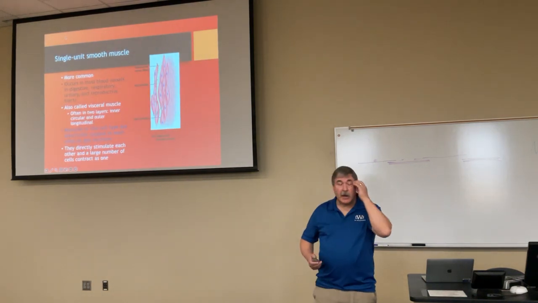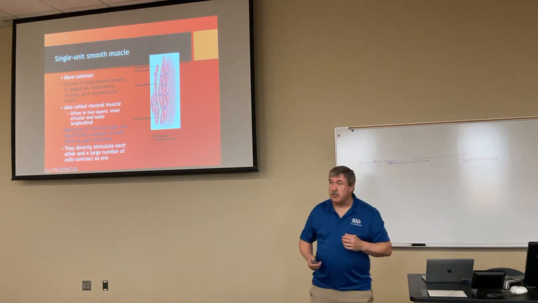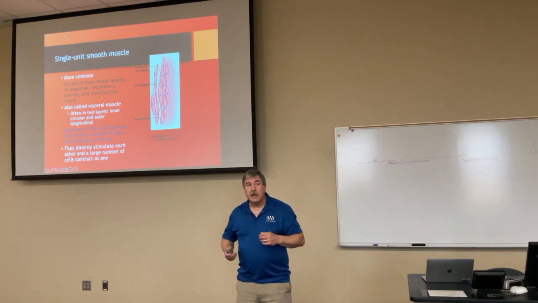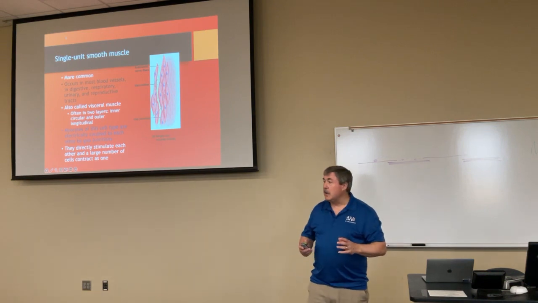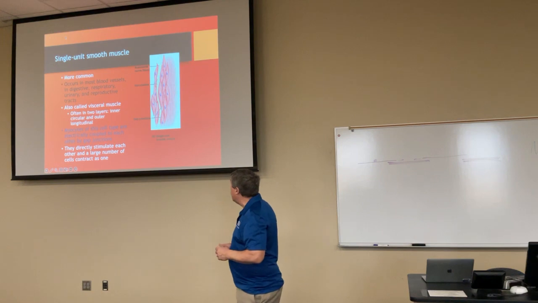Now the other main type of smooth muscle is called single unit smooth muscle. This type is most commonly found in the walls of hollow organs like the stomach and the small and large intestines.